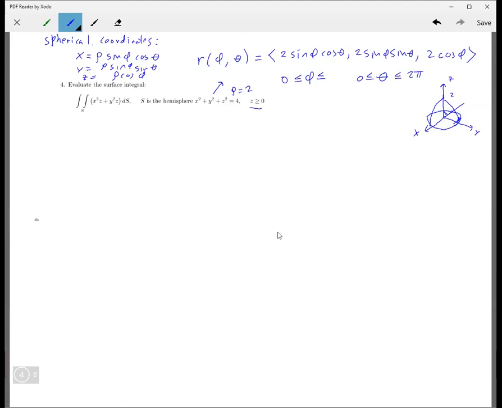No, not pi. It's going to be pi over 2. Because if you're here on the x-axis and then here on the y-axis, this angle is 90 degrees. From the positive z-axis to anywhere in the xy plane, it's a right angle. Okay, so this is all the information that you need to set everything up.